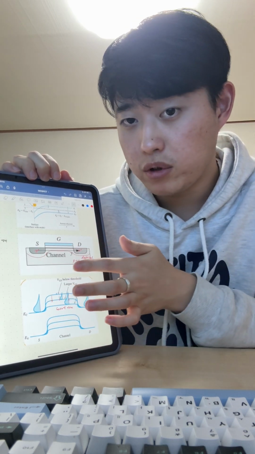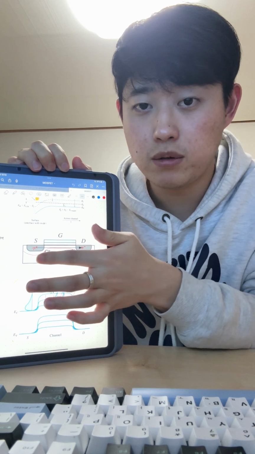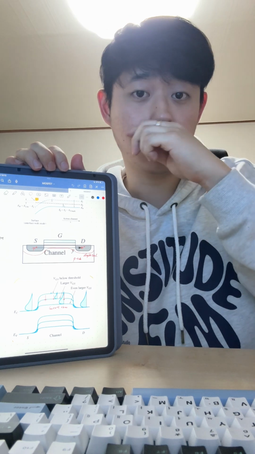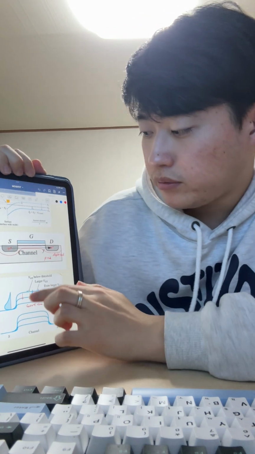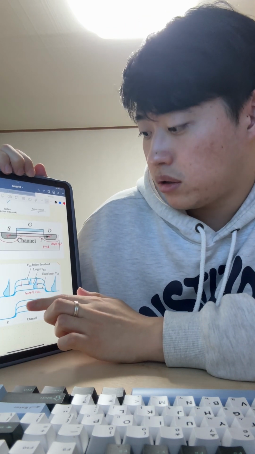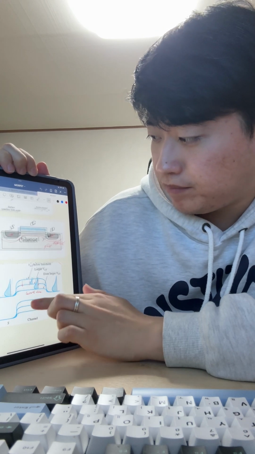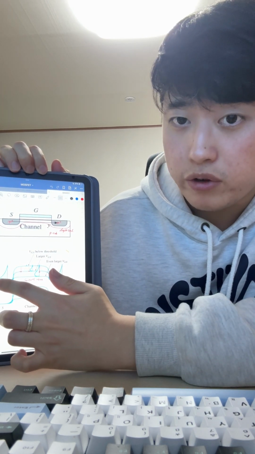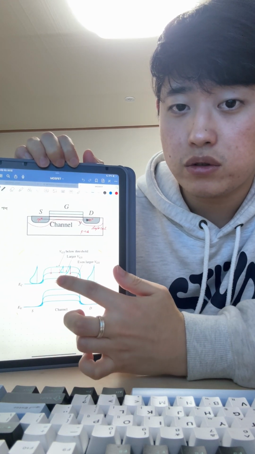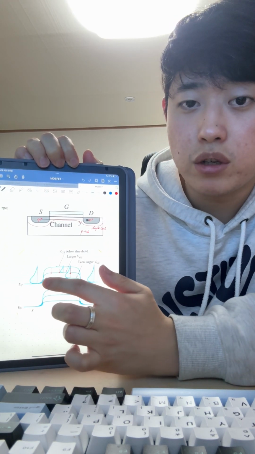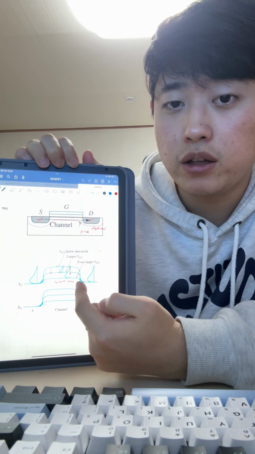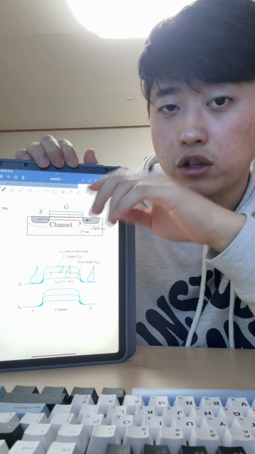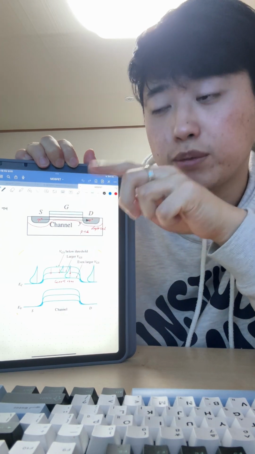This is the MOSFET with a P substrate, and N plus source and drain, so there is a depletion region. And this is the energy level of drain, gate, and source. If there is plus bias on the gate, the energy barrier is lower because of the plus bias.